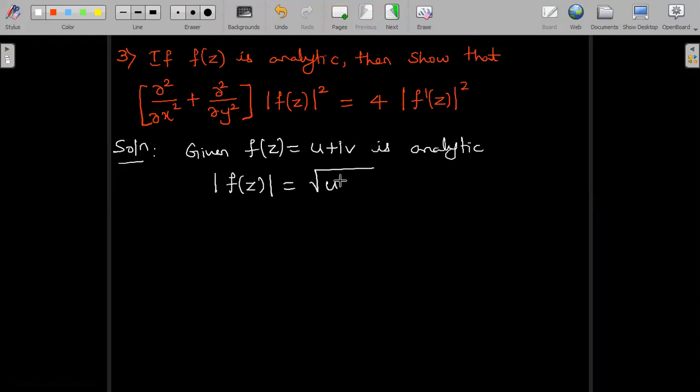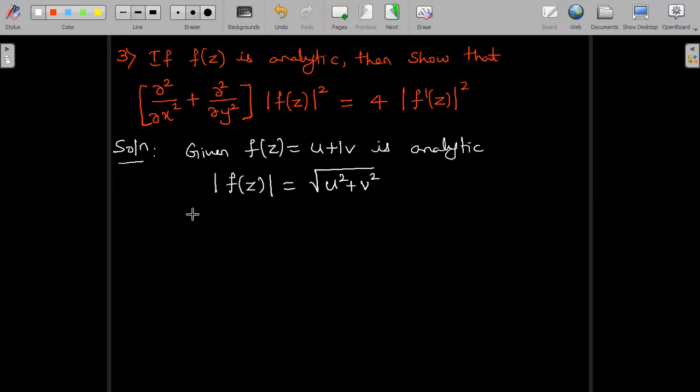So it is square root of real square plus imaginary square. U is the real part and v is the imaginary part. So when we take mod f of z, it will be square root of real value square plus imaginary value square, which is u square plus v square. We took mod f of z based on our requirement in the LHS. But we want square of it.